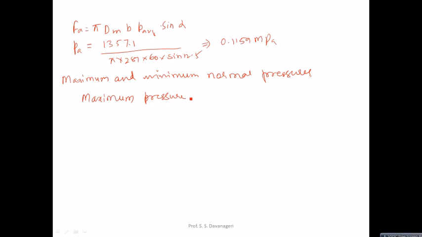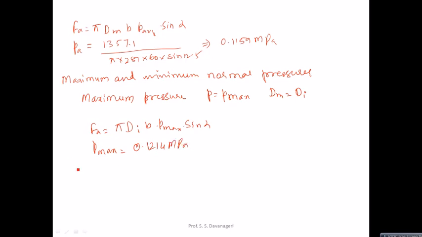Now to calculate the maximum and minimum normal pressures. We know maximum pressure is going to occur at the inner surface, based on uniform wear theory, that is at the inner radius.